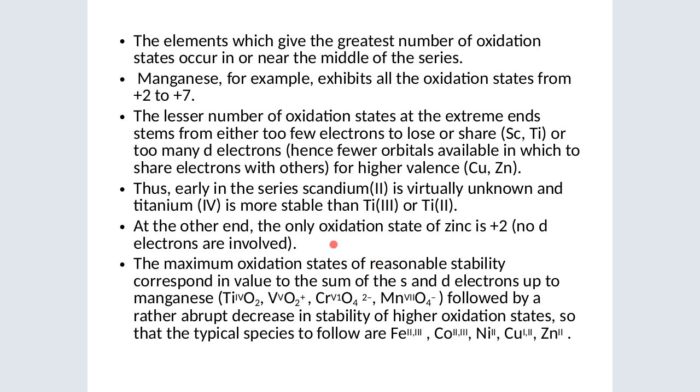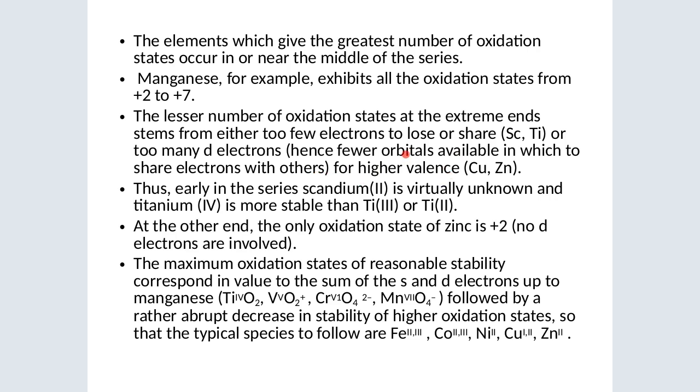So that is explained at this point, and you would note that the lesser number of oxidation states at the extreme end stems from either too few electrons to lose or share, or too many d electrons, hence fewer orbitals available in which to share the electrons for higher valence.